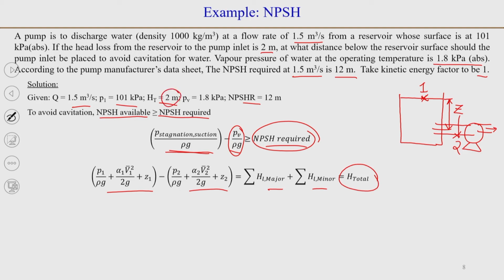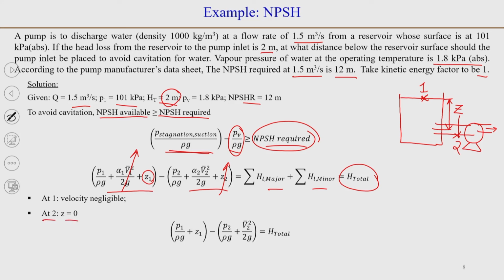Okay. So, in this equation, at the reservoir surface the velocity will be negligible, so we can neglect this term. We can say that Z1 is equal to 15 meter. Z2 will become 0, or rather Z1 is what we need to find. So, we can say Z1 is Z, and at point 2 Z is equal to 0 we have taken.